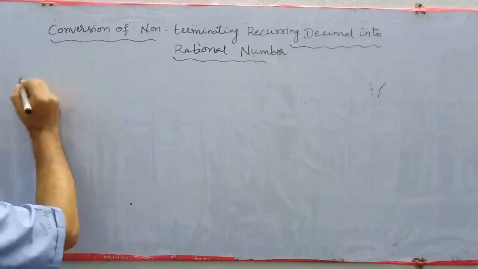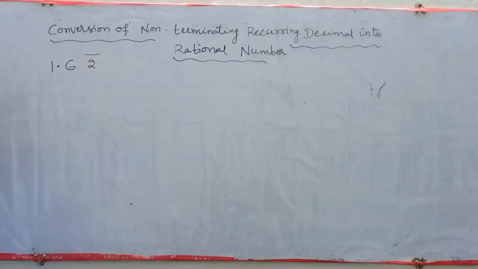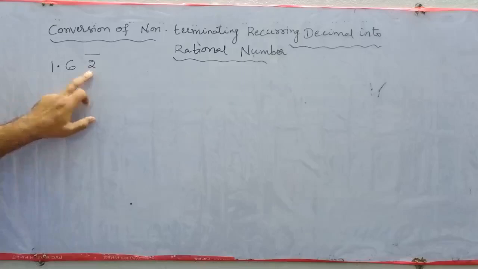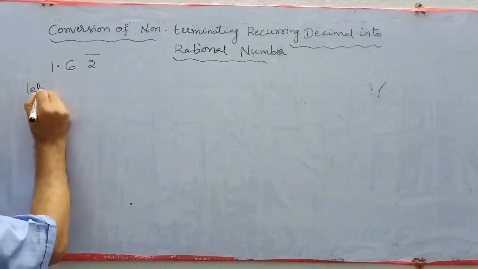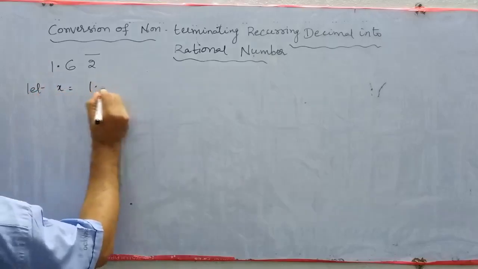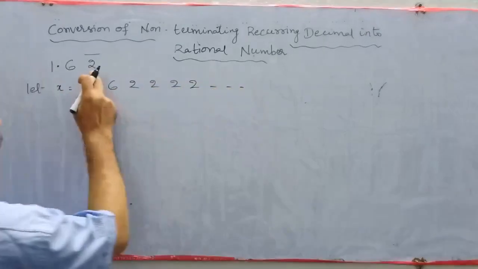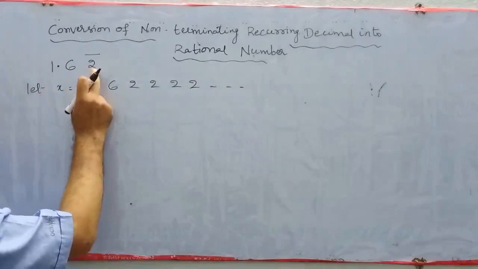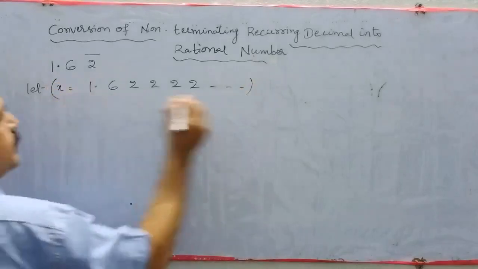Next example, 1.62 bar. What is the period here? The period is 2 and the periodicity is 1. Now let x is equal to 1.6222 and so on, so this is the recurring digit. Here periodicity is 1, therefore we have to multiply this equation with 10.